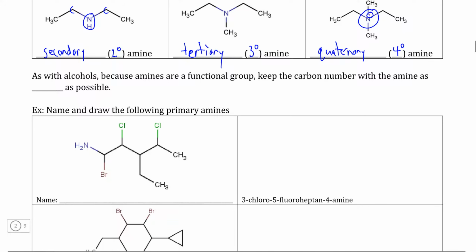So the examples that we're going to look at are all primary amines, and because amines are a functional group, by default, they define what the parent chain of the molecule is going to be, and therefore the carbon number that refers to the location of the amine is generally kept as low as possible unless a more important functional group is present, but we will not be looking at that in this video.